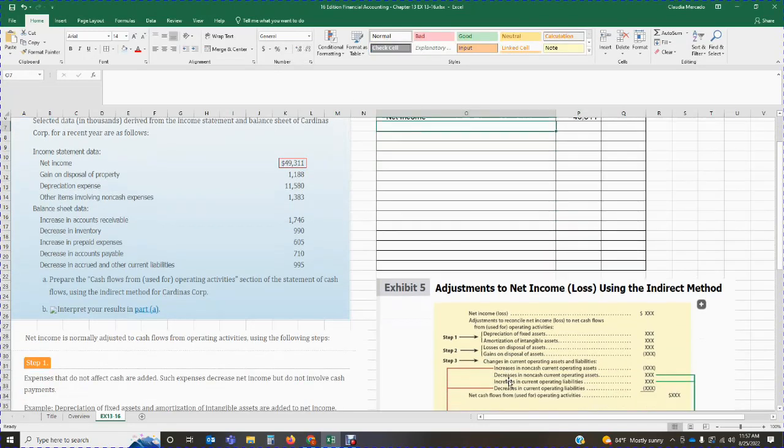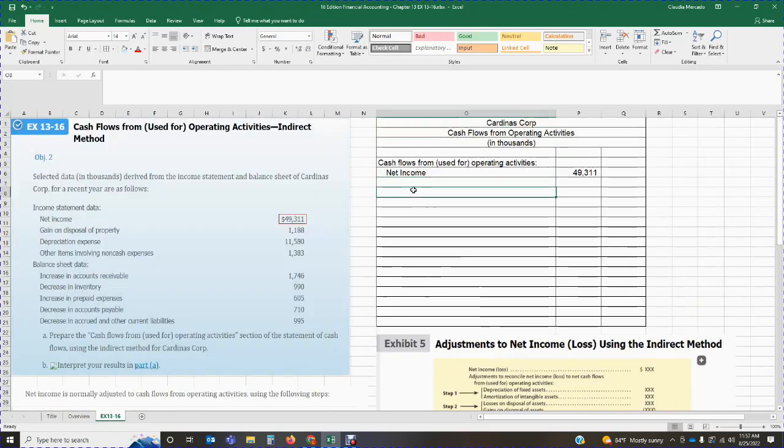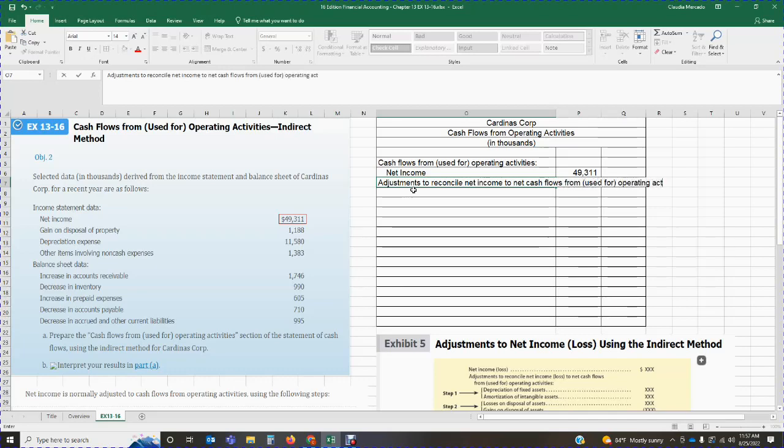So the first line item that we bring is our net income. Then we have our adjustments to reconcile net income to net cash flows from or used for operating activities.